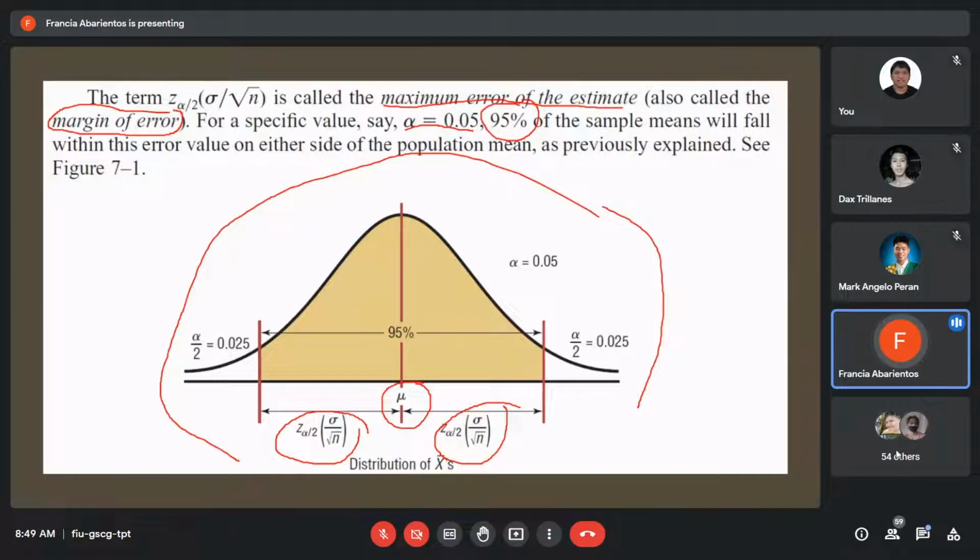Okay, so this is now the distribution of the sample mean. Given sa atin yung alpha, which is 0.05, which is equal to the confidence interval of 95%. Okay, pag divide mo to, class, this is now 0.025 on both sides, on the right side and the left side of the distribution table.